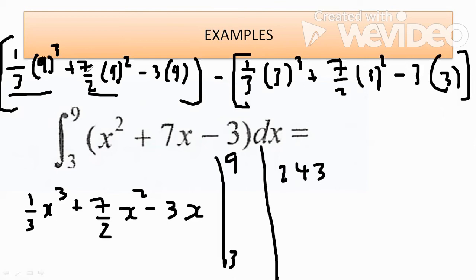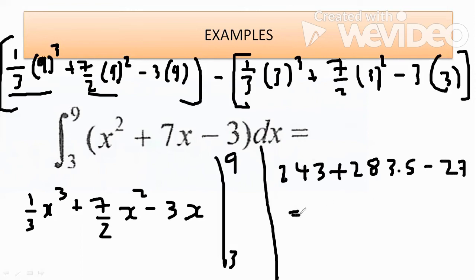And 7 over 2 times 81. By the way, 7 over 2 is actually 3.5. So 3.5 times 81 is 283.5. So this is plus 283.5. Subtract 3 9s, 27.